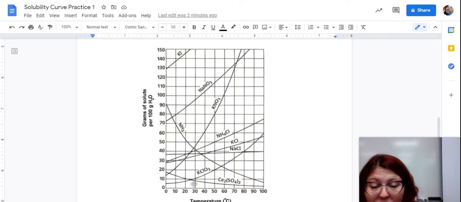So yes, about 10 grams of potassium chlorate can be dissolved in this water when it's 30 degrees. But the question is asking how much can it dissolve at 80 degrees?